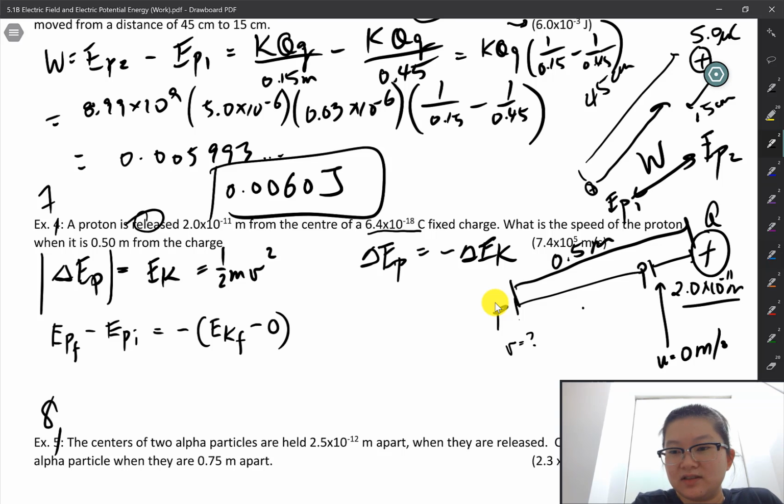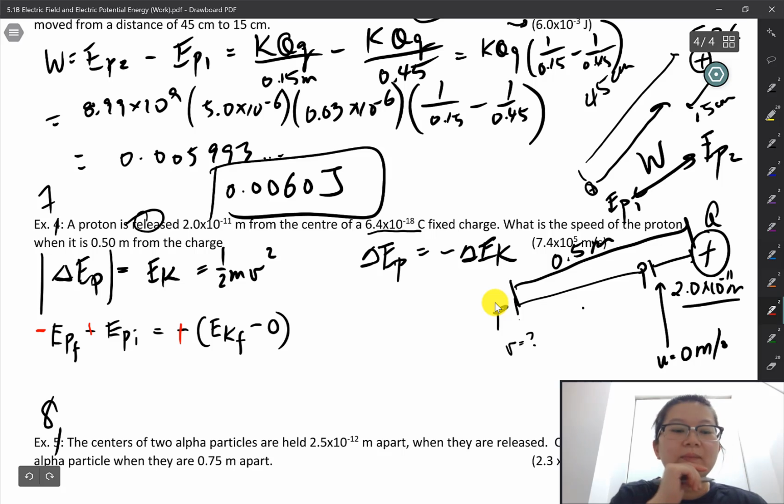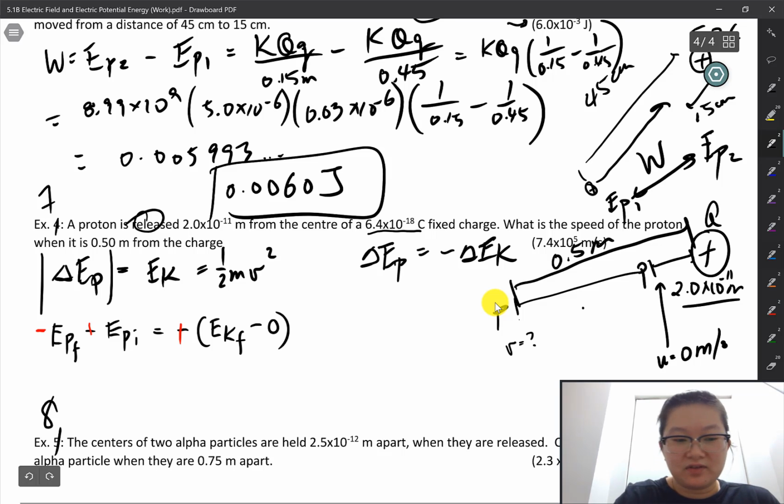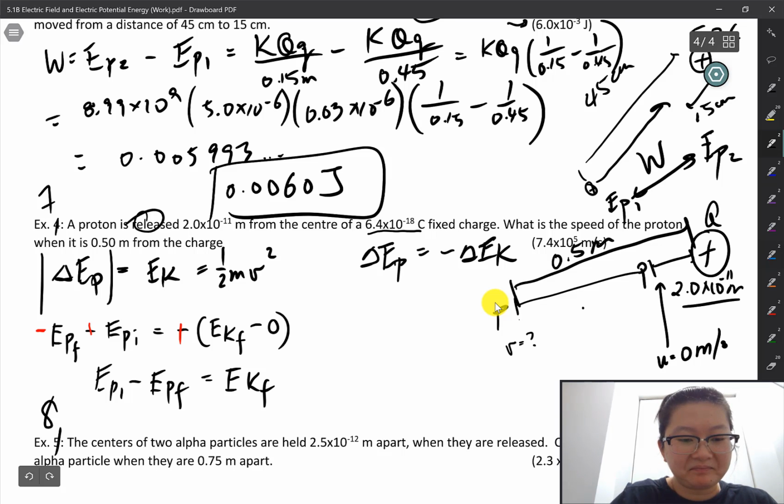So there's this negative sign. What I could do here is just move it to the other side of the equation and make these ones negative instead. Or actually, I'm just going to transfer that to the other side. So when I solve for this, it is E_P initial minus E_P final equals the final kinetic energy of my proton.